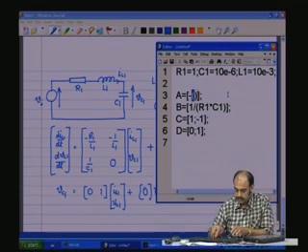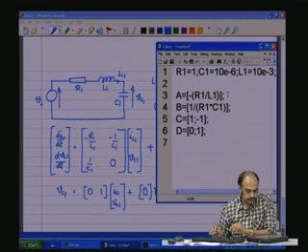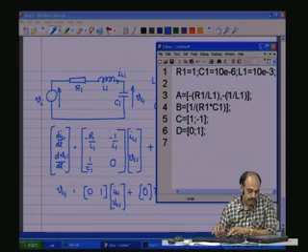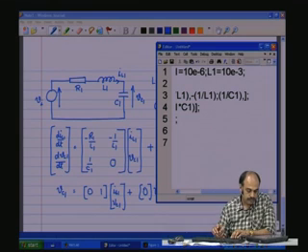A matrix contains R1 by L1, that is 1, comma, minus 1 by L1, the next row, which means semicolon, 1 by C1, comma, 0. So, that is the A matrix.